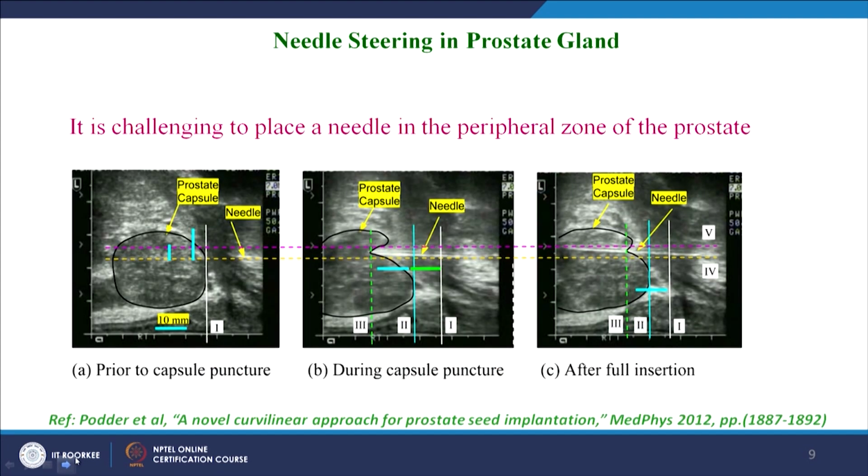So, now coming a little deeper, needle steering in prostate gland. This is the extensive study performed by Professor Tarun Padar. From his research article, entitled A novel curvilinear approach for prostate seed implantation in the Medical Physics Journal in 2012, we have observed that it is quite challenging to place a conventional rigid needle in the peripheral zone of the prostate gland.